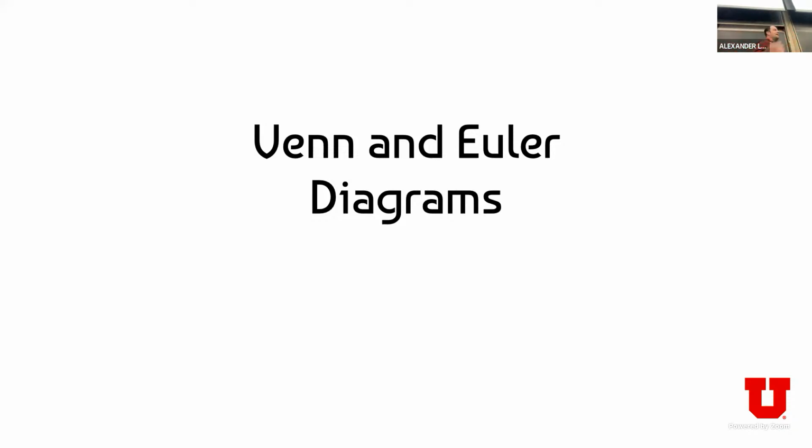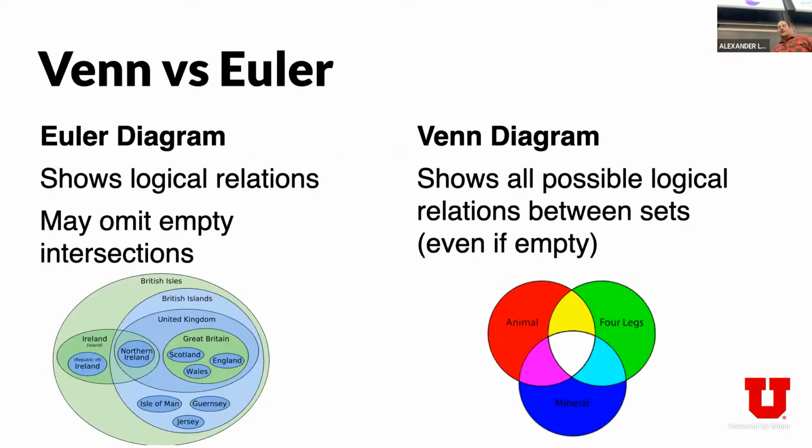So, you know, the big thing about sets is, of course, Venn diagrams and Euler diagrams. The difference between a Venn diagram and an Euler diagram is that a Venn diagram always shows all possible logical combinations, even if they're empty, right? So they always show every single intersection. In an Euler diagram, we saw one of those, they show the logical relationships, and they may omit empty intersections, right?